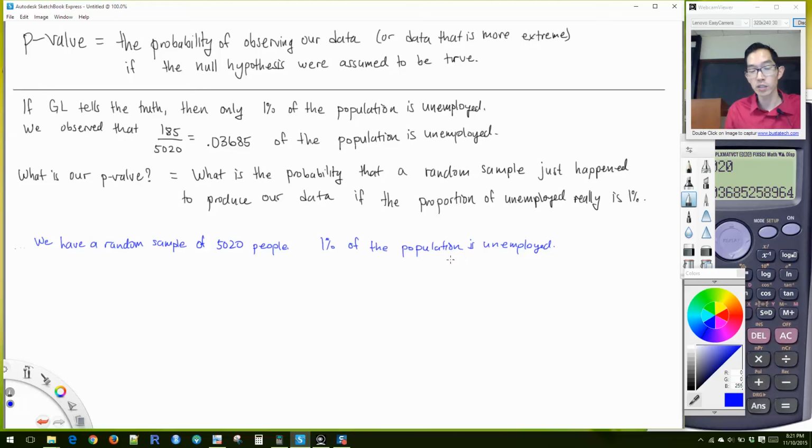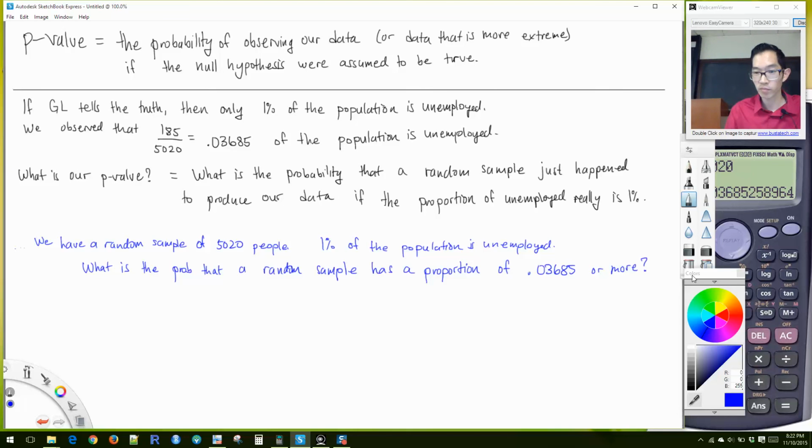We're assuming that indeed only 1% of the population is unemployed. And we ask, what is the probability that a random sample has a proportion of 0.03685 or more? I'll give you guys a second to catch up writing.